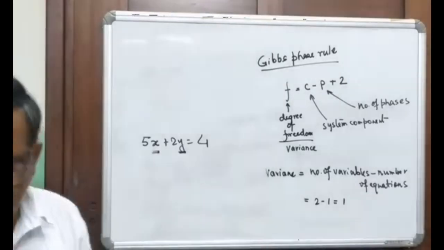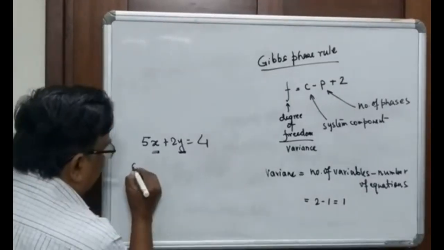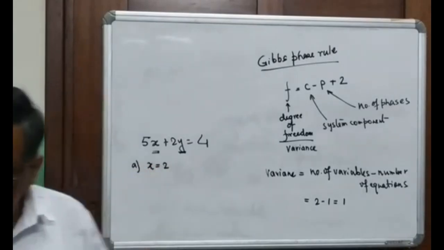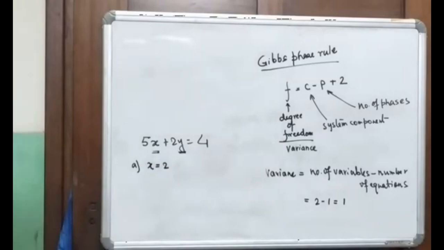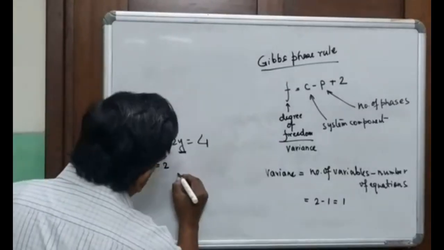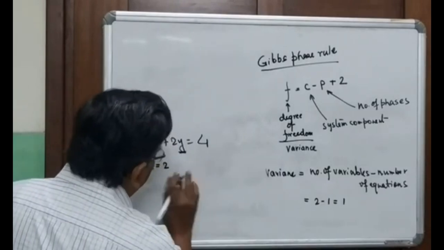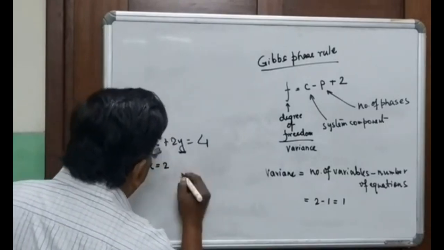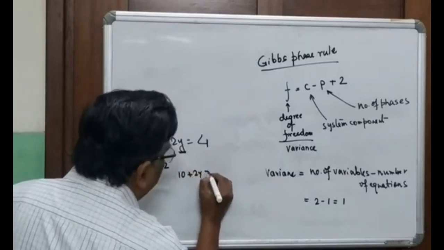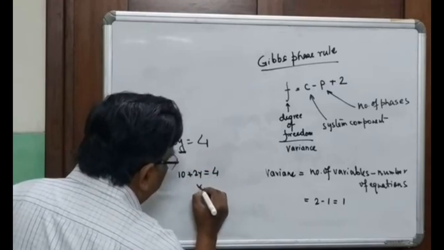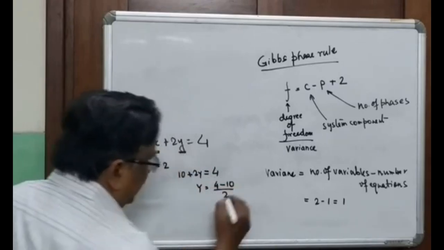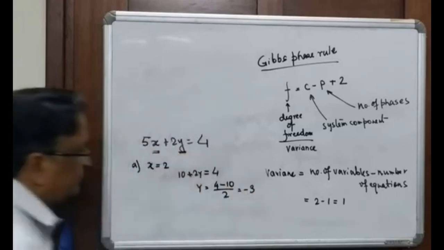So, for example, one case may be I write x is equal to 2. The value for x is equal to 2. So in this expression, I will have 10 plus 2y is equal to 4, which means y is equal to 4 minus 10 divided by 2, that is minus 3.